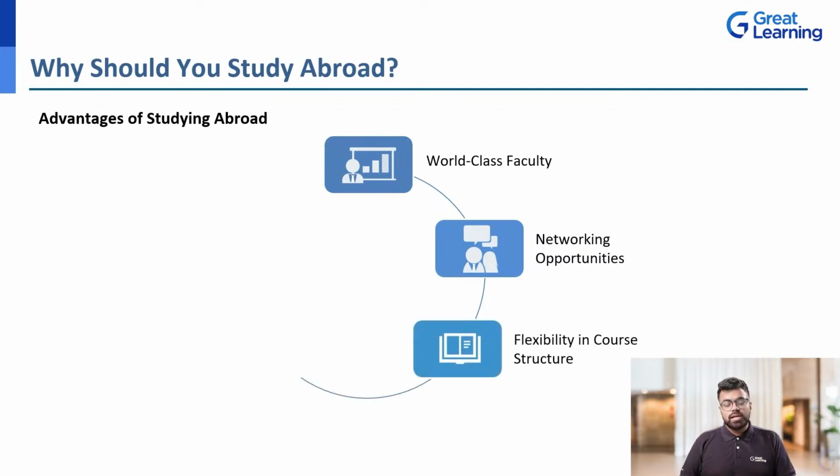Then comes the flexibility in course structure, right? This is something that really intrigues me as well, in terms of why it is important for me or for anyone else to consider studying abroad. For example, let's say you're picking up the domain of data science, right? And you want to include artificial intelligence, or courses from other domains.